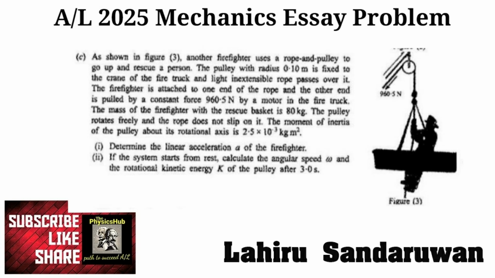The mass of the firefighter with rescue basket is 80 kilograms. The pulley rotates freely and the rope does not slip on it. The moment of inertia of the pulley about its rotational axis is 2.5 into 10 to the power minus 3. Determine the linear acceleration a of the firefighter.